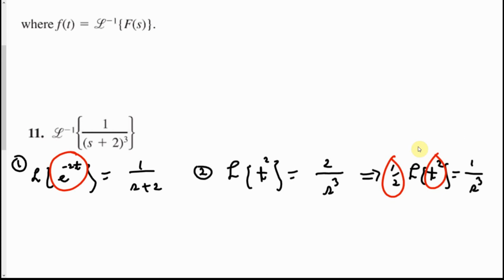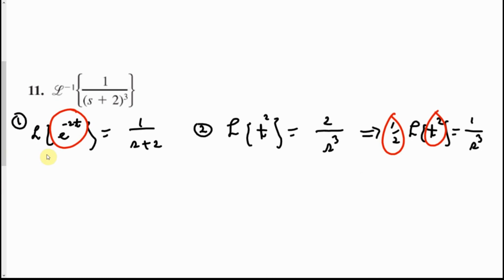If you see the two functions, e to the negative 2t, and then also 1/2 t squared, that's the answer, folks. I'm going to write it out. This is the answer, not in red. This is 1/2 t to the second times e to the negative 2t.